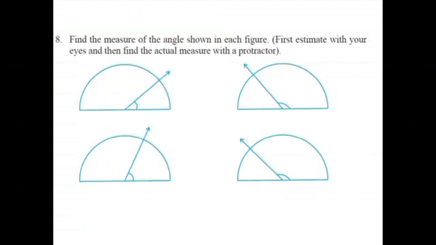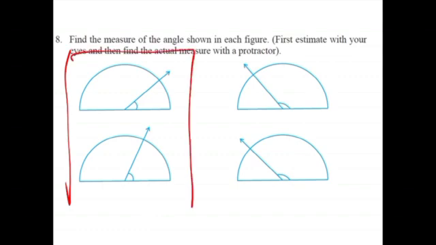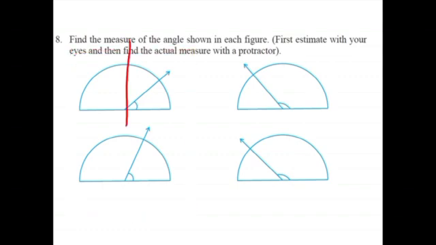See the eighth question. Find the measure of the angle shown in the figure. First, you have to estimate with your eyes and then find the actual measure with a protractor. Let us do these two questions. Okay. Now I split the semicircle into two equal parts.